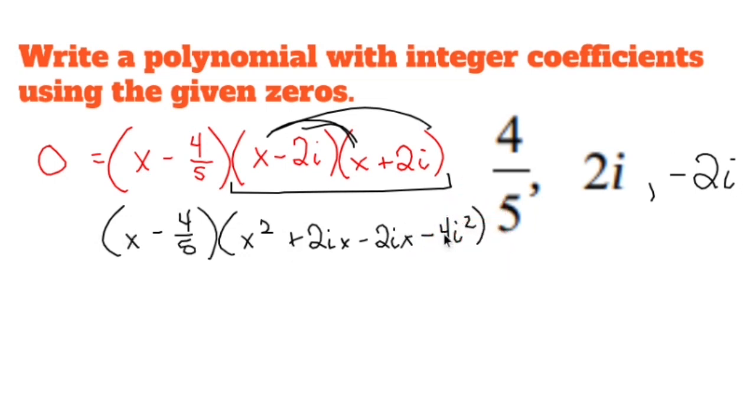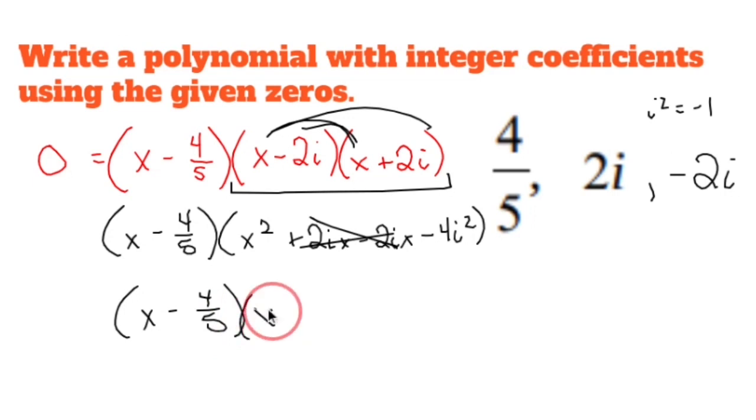Before you think this is a nightmare, no, it's not. These guys go away. And what's also nicer is that i squared is the same as negative 1. So negative 4i squared is the same as positive 4, because it's negative 4 times negative 1. So let me write this out as x minus 4/5 times x squared plus 4.